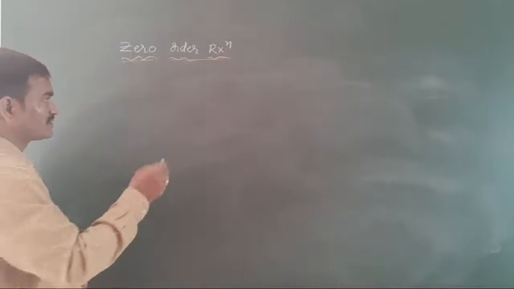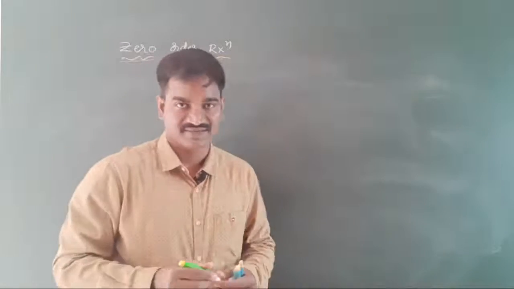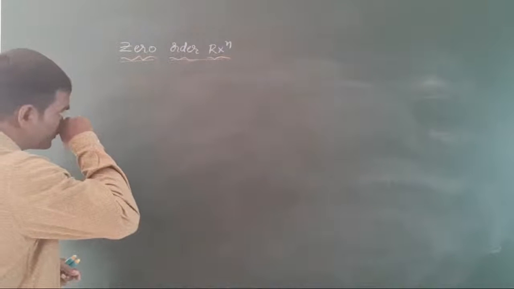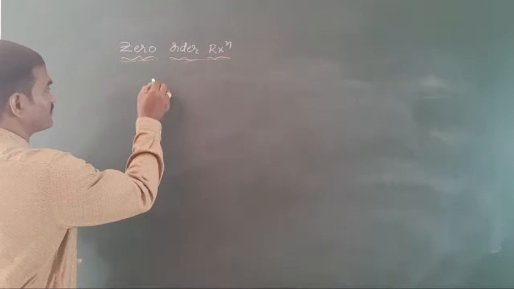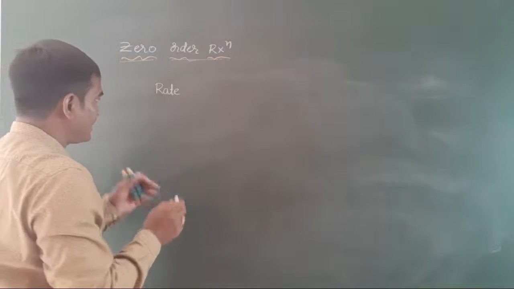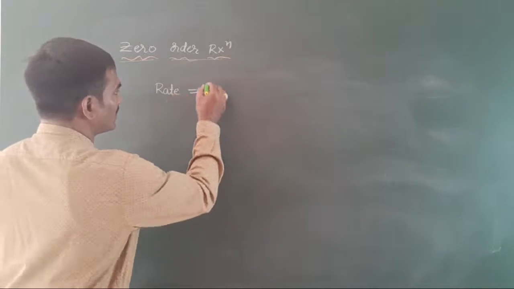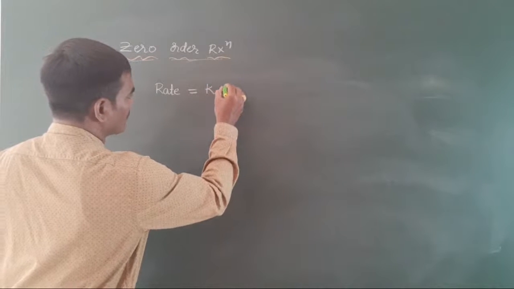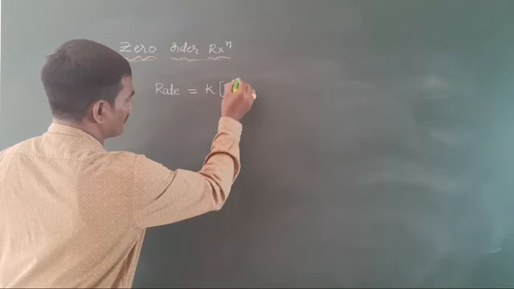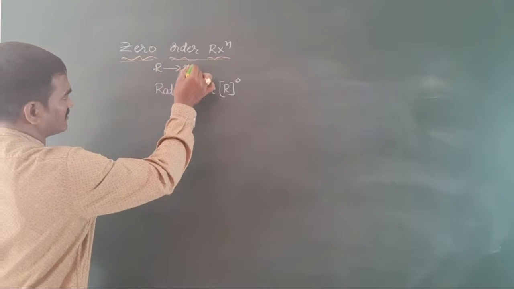Graphs. So now if you want to understand graphs, you need to remember one point. First, you know these relations, you should have clarity here. Rate is equal to k times R to the power 0. We have taken this example only, no? So always I am following R gives products.